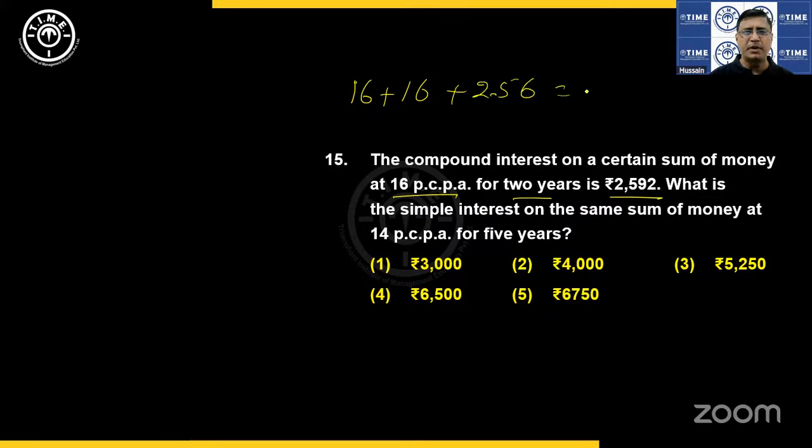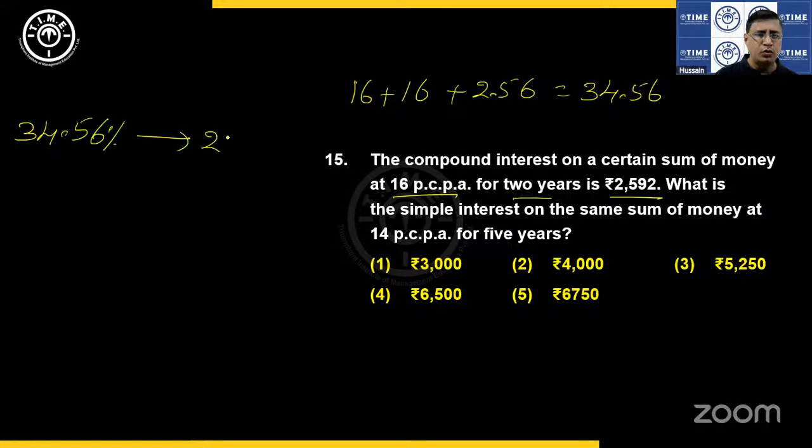That is 32 plus 2.56, 34.56. Now 34.56% is equal to 2592. And what to find here? The simple interest on the same sum. The sum is the same here. 5 years, 14% per annum. 5 into 14, that is 70.